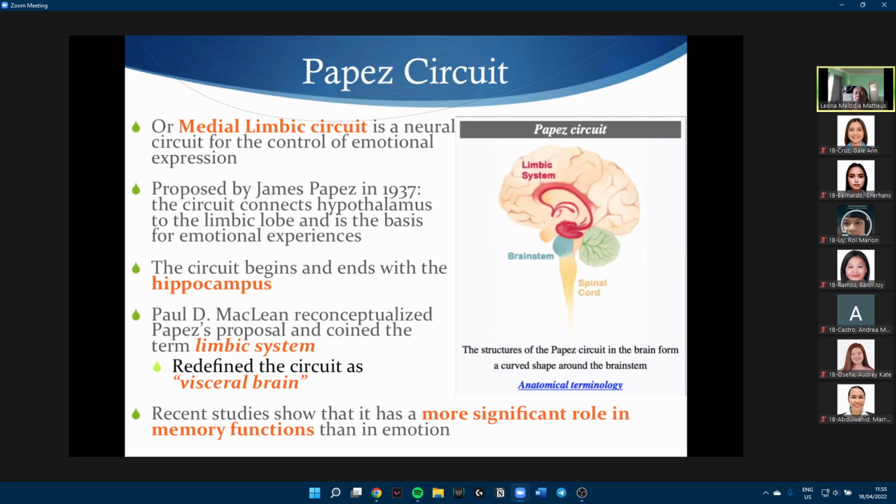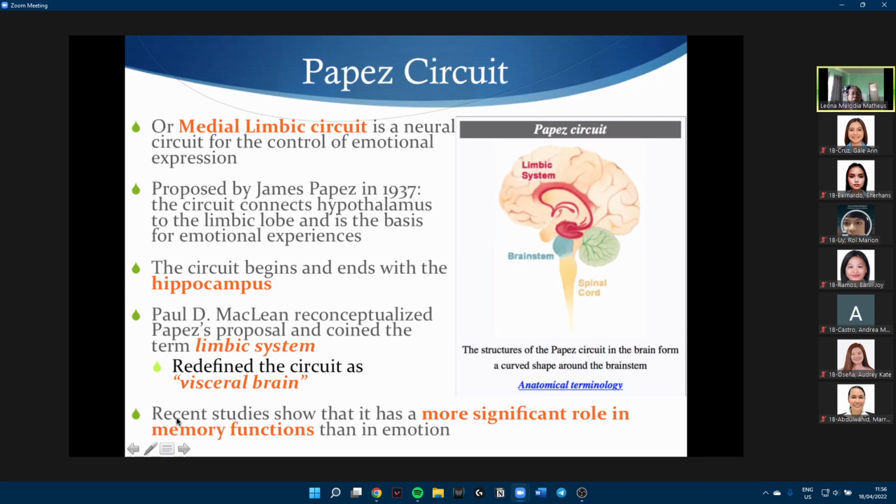This was proposed by James Papez in 1937, and the circuit connects your hypothalamus to the limbic lobe and is supposed to be the basis for emotional experiences. The circuit begins with the hippocampus and ends with the hippocampus. So Paul MacLean reconceptualized the Papez proposal and eventually coined the term limbic system.